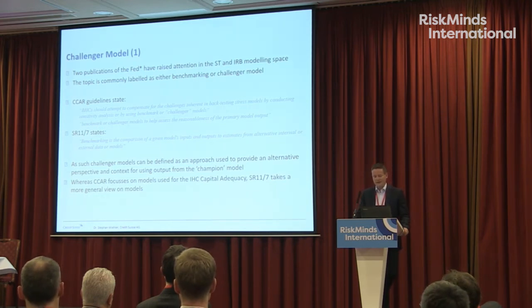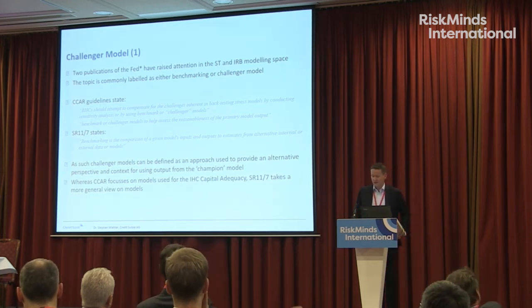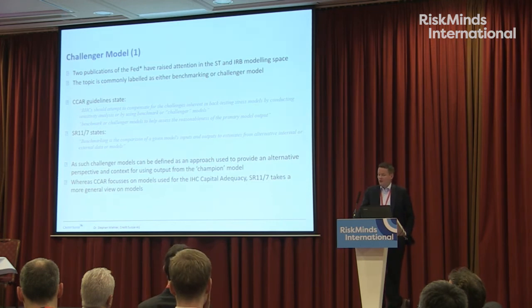And also in the CCAR guidelines, intermediate holding company, capital adequacy, stress testing, there is also a clear indication that you should work with challenger models. And a challenger model can be defined as an approach that is used to provide an alternative perspective and context of your champion model.